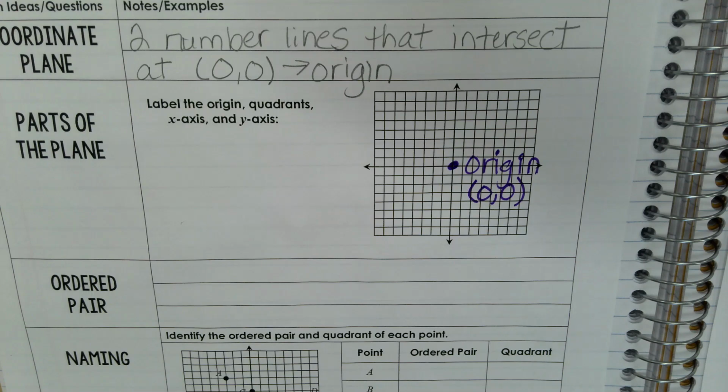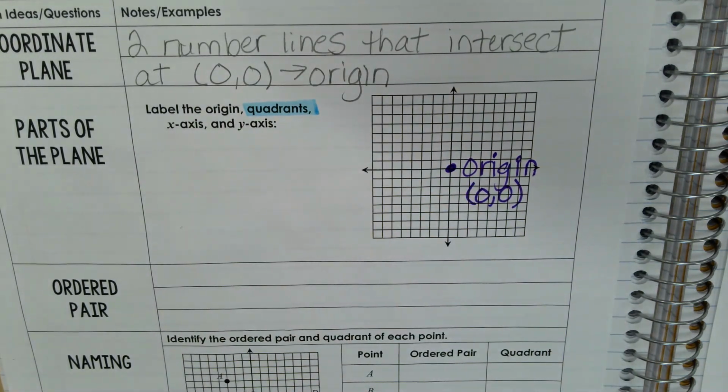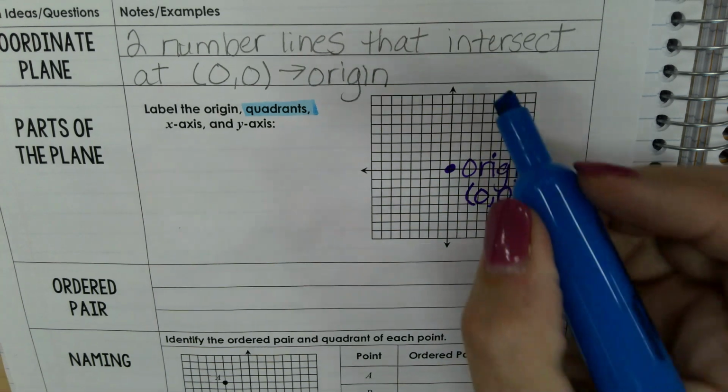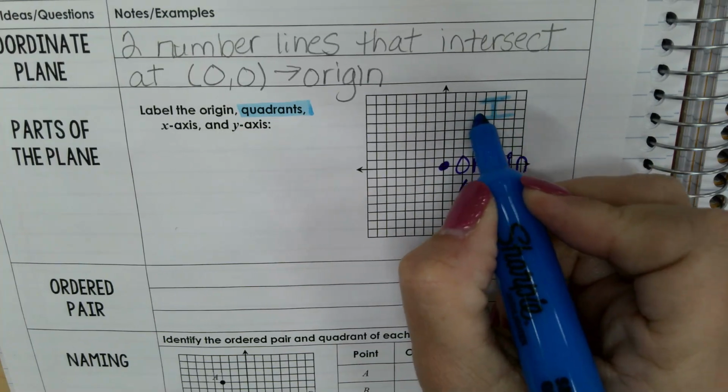Okey-doke. In a coordinate plane, we have 4 sections or 4 quadrants. Okay, what are the quadrants? 1, 2, 3, and 4. How do we have to write them? Do you remember? Roman numerals. And quadrant 1 is up here in the upper right-hand corner.